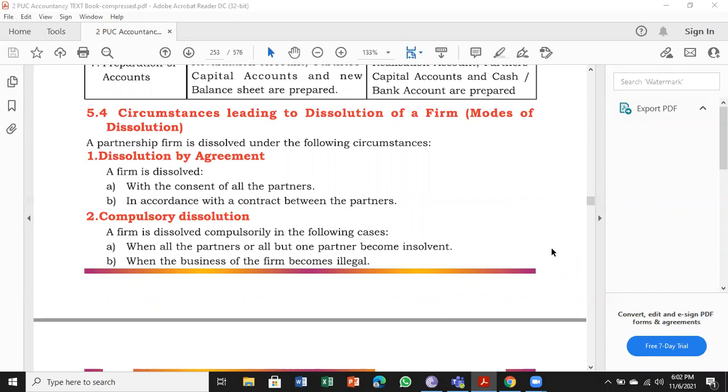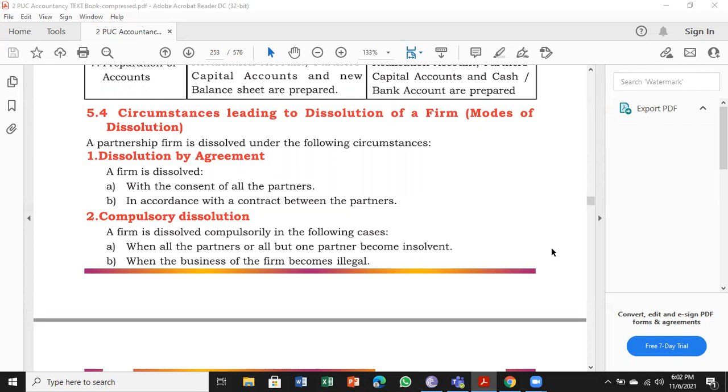First situation, point number 1, dissolution by agreement. So as we know, partnership is based on partnership deed, partnership agreement.